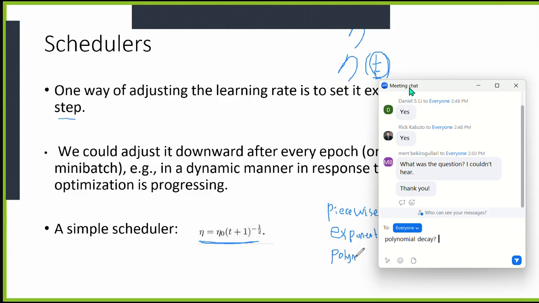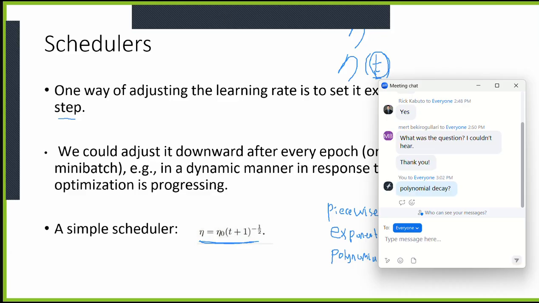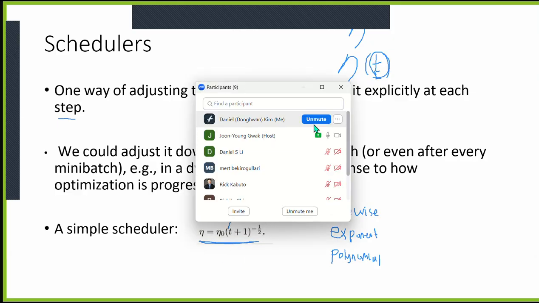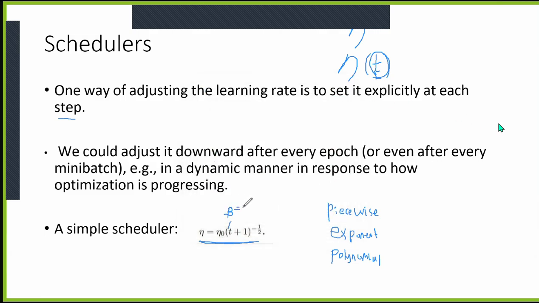Does anybody want to give it a shot? Which one does this scheduler correspond to? Yes, it's a polynomial decay, because beta, the time scaling factor, is set as 1, and alpha is -1. Yes, that's correct. Good job.